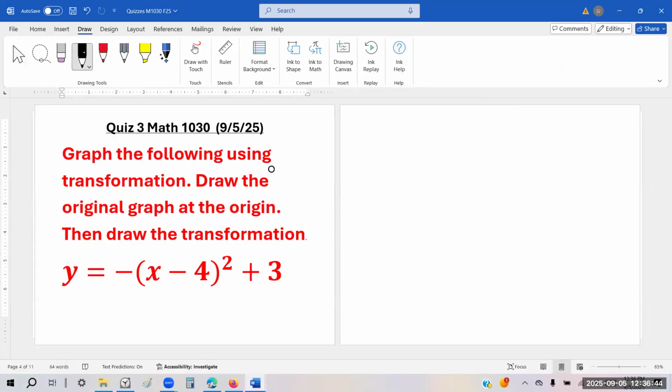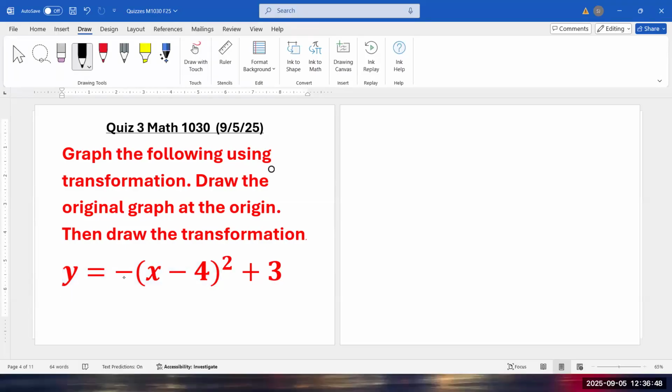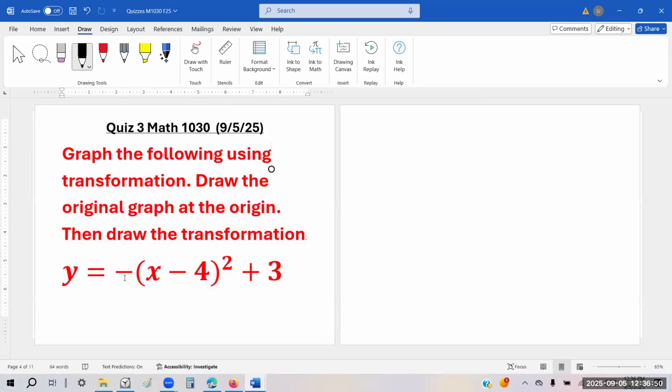Reflection going downward. -4 inside your square. Right 4. And +3 after the square, the lonely 3. Up 3.